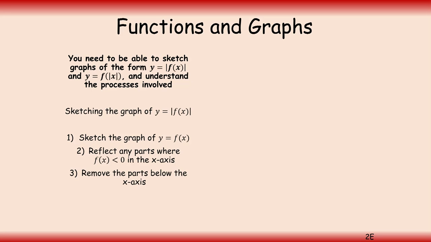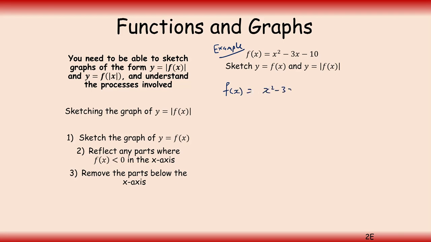So let's have a look at an example. Okay, so we're going to sketch this graph. f of x equals x squared minus 3x minus 10, and then we're going to sketch its reflection. So in order to sketch this, what must I do in the first instance? f of x is equal to x squared minus 3x minus 10.